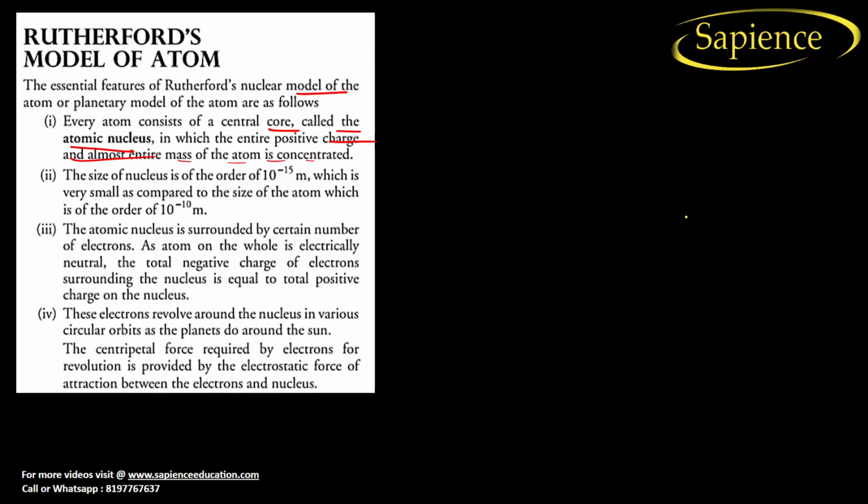Let us consider this is the central part, the nucleus, and most of the positive charge, that is protons and neutrons, are confined at this point only. The size of the nucleus is of the order of 10 power minus 15 meter, which is very small compared to the size of the atom. So the size of the atom compared to the size of the nucleus is very large.